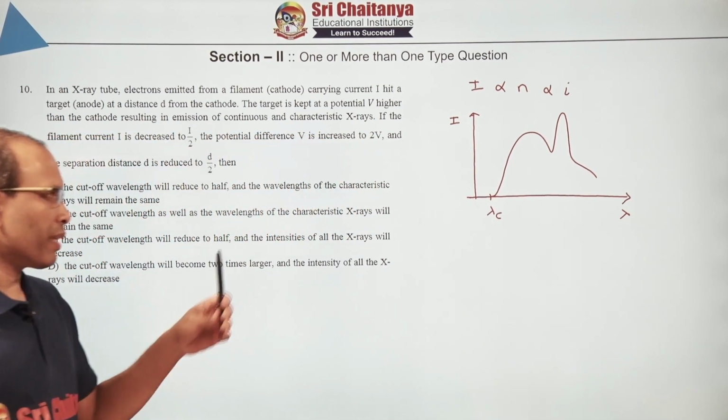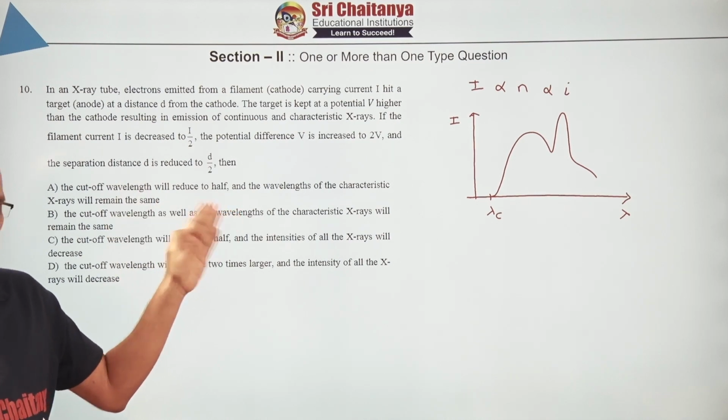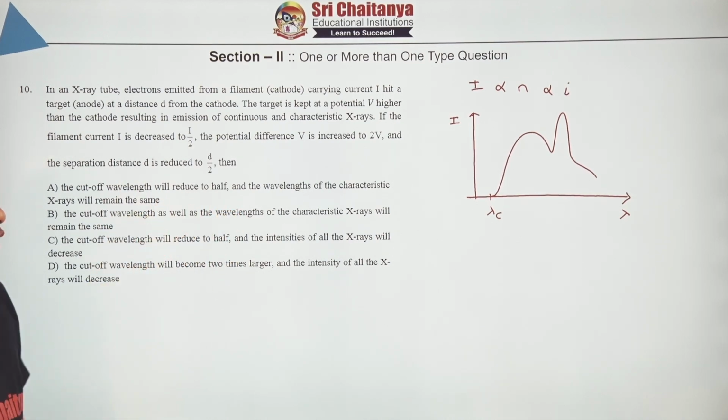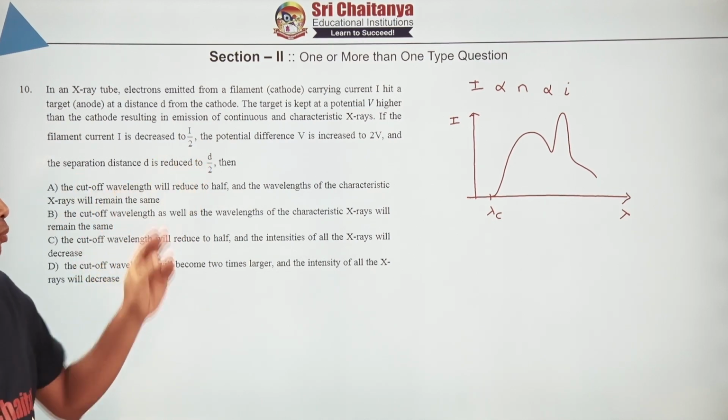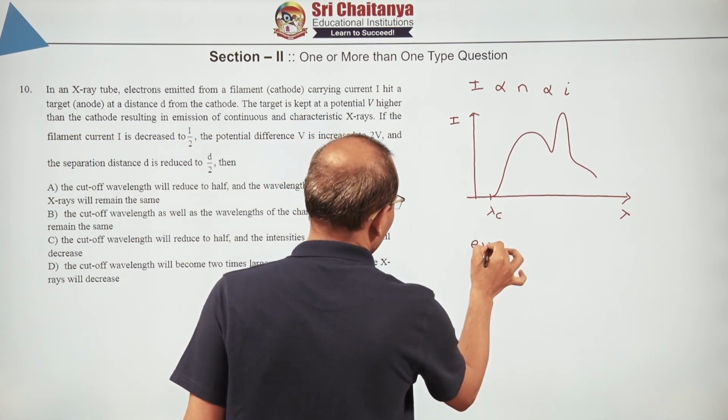So what is the expression for the cutoff wavelength? The cutoff wavelength is the minimum wavelength, which corresponds to the maximum energy. What can be the maximum energy of the electrons accelerated through a potential difference V? The kinetic energy they will gain is eV.